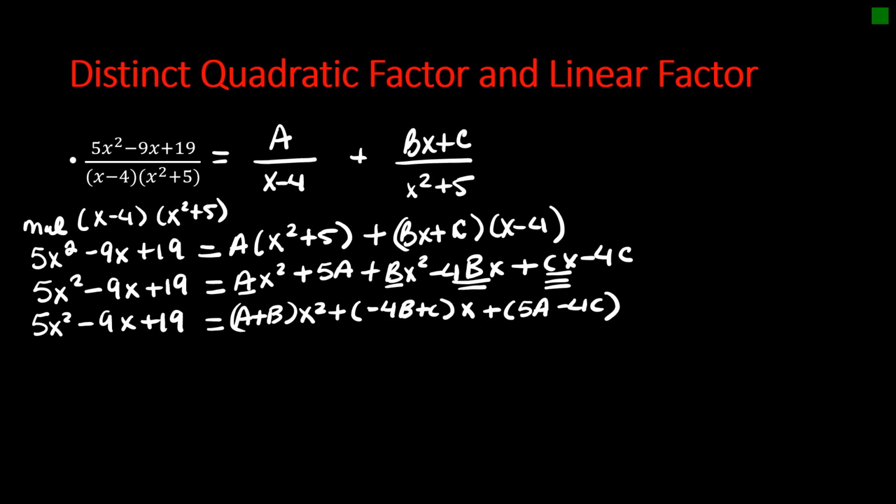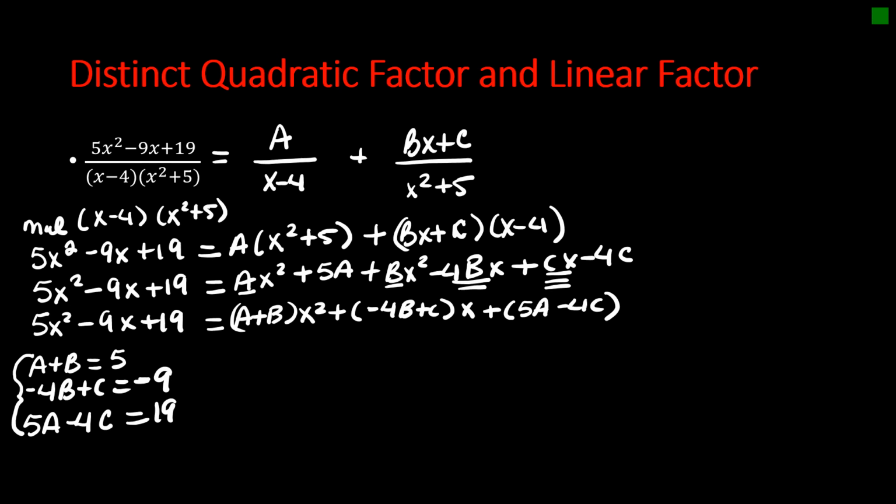And now we're going to equate coefficients. The coefficient of x squared on the right-hand side is A plus B, and on the left-hand side is 5. The coefficient of the x term on the right-hand side is negative 4B plus C, and it's negative 9 on the left-hand side. Then our constant is 5A minus 4C equals 19. Now this becomes a system of linear equations in 3 variables.